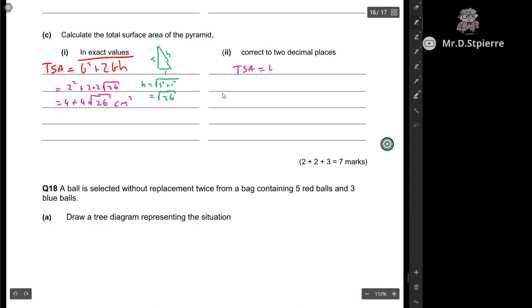TSA is equal to 4 plus 4 root 26, which is, square root 26, equal to 24.39607, which is roughly, to 2 decimal places, 24. The 6 means we round up the 9, which goes to a 10, so it actually rounds to 24.40 centimeters squared.